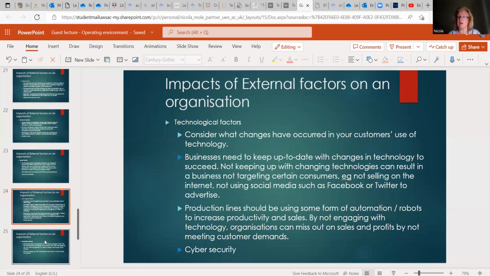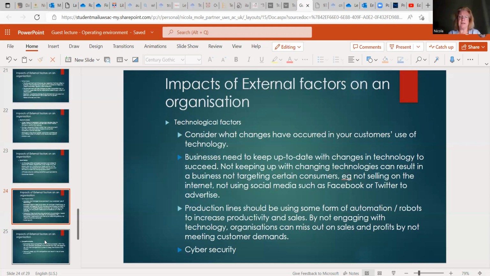So you might not sell on the internet as much as you should. You don't use social media. Production lines should be using some form of automation or robots to increase productivity and sales. If you don't engage with technology, your organisation can miss out on sales and profits by not meeting customer demands.